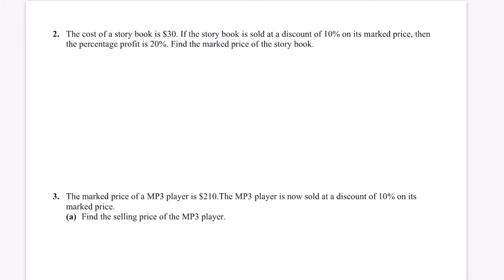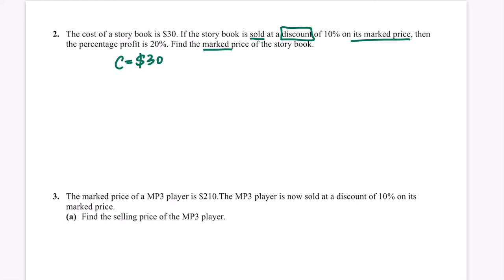The cost is this. Okay, cost is $30. If it is sold at discount, which is between which two? On its market price. Yes, market price and the selling price. Then the percentage profit is 20%, and we have to find the market price.